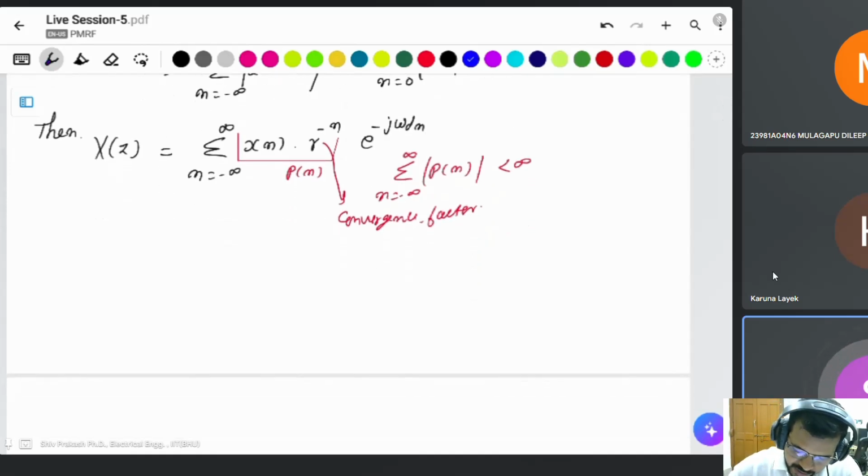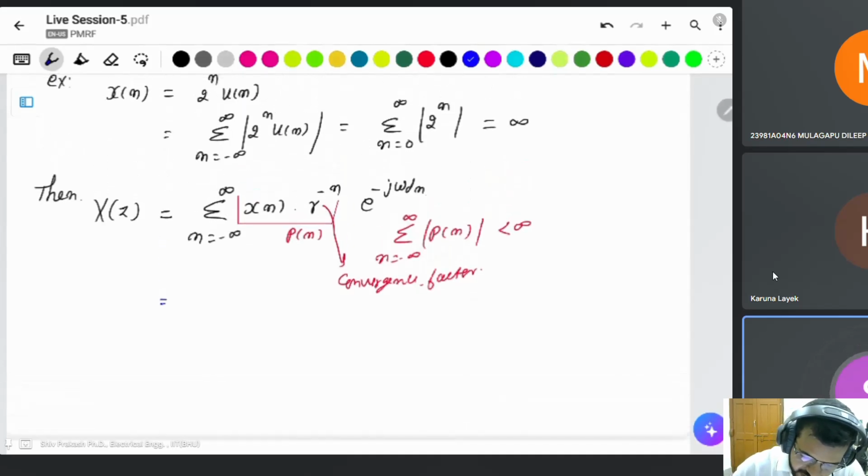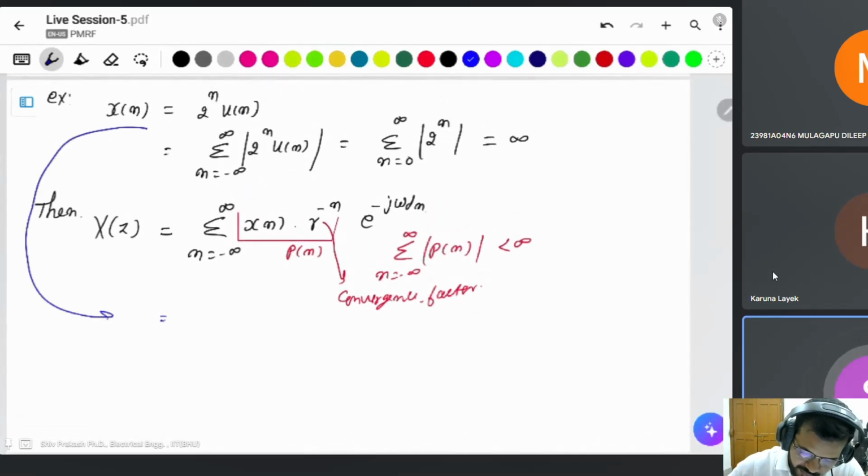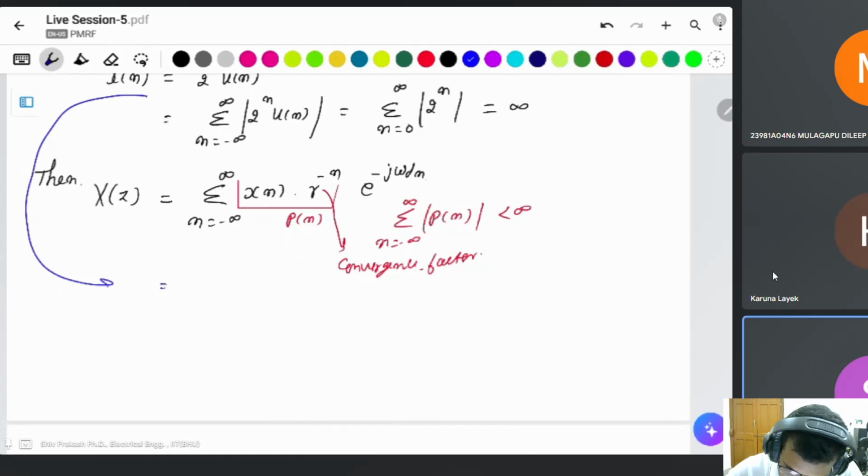Then suppose, how can you find the Z transform of this one? Summation of n from minus infinity to infinity of 2 power n u[n] into r power minus n.